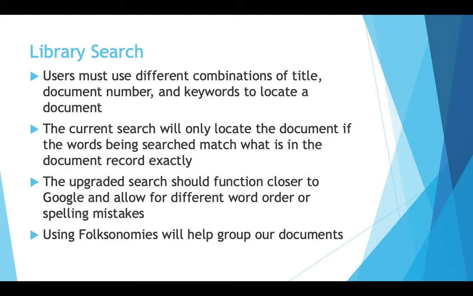And also the current search will only locate documents if the words in the title or if the numbers in the document, everything has to be in the exact same order, exact same spelling, and exact same capitalization. So there's no room at all for human error, which also creates frustration when there's no one specific way to search for something.